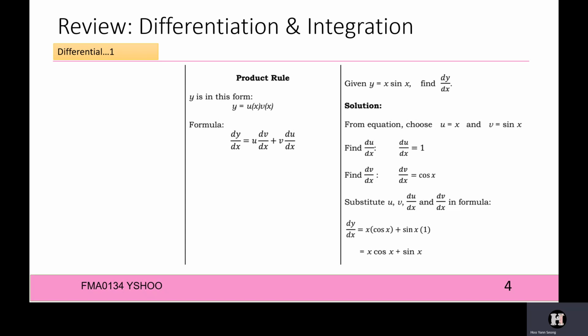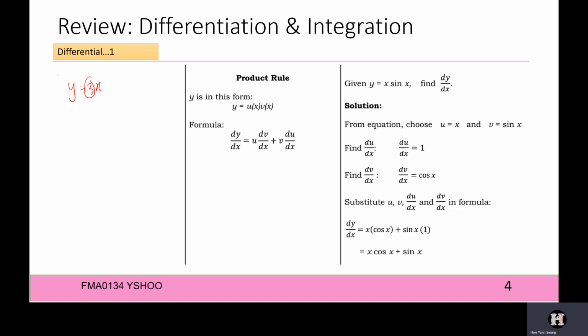It is the combination of two different functions, and these functions must not be constants. So when you have y equals 3x, we never take this as two different functions, because 3 is a coefficient, so we can just shift the 3 out and differentiate x. For the product rule, always look at whether it is two different functions.